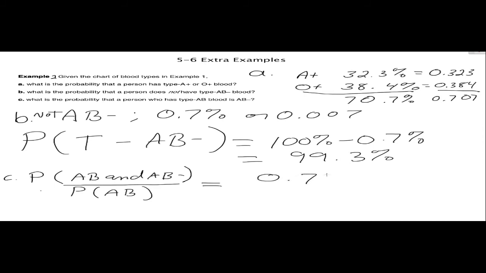The probability of being AB, any AB, is determined from the sum of those two, and AB positive is 3.2, AB negative is 0.7, so that's 3.2 plus 0.7 is 3.9%. We do our division.